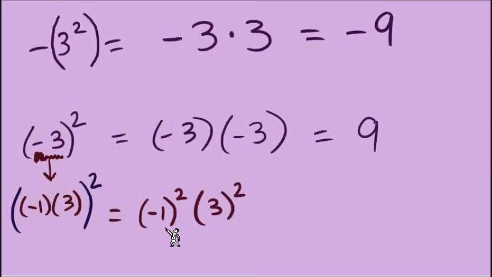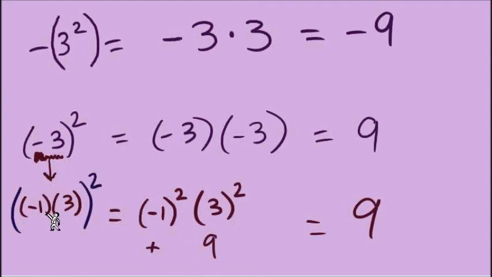And it all depends on what the exponent is. This is related to our rule about multiplying negatives: if you have an odd number of negatives, it makes your answer negative. And if you had an even number of negatives, it would make your answer positive. So we just look at this exponent and see, oh, 2 negatives, our answer would be positive. And then I move on and look at this 3 squared, and I know that's 9, so I see an answer of positive 9.